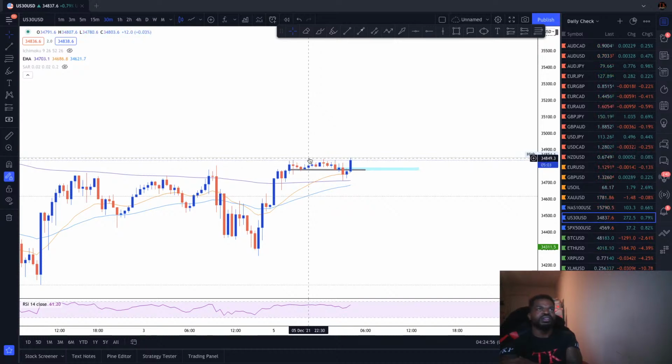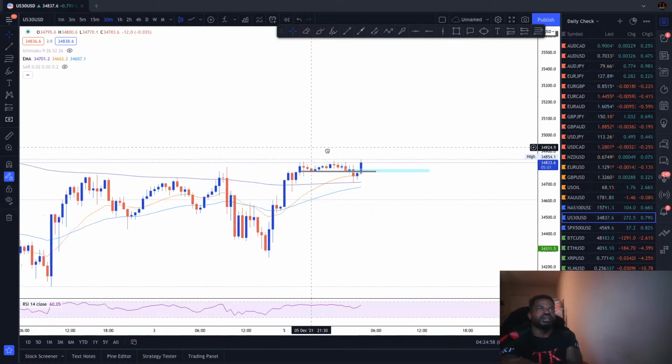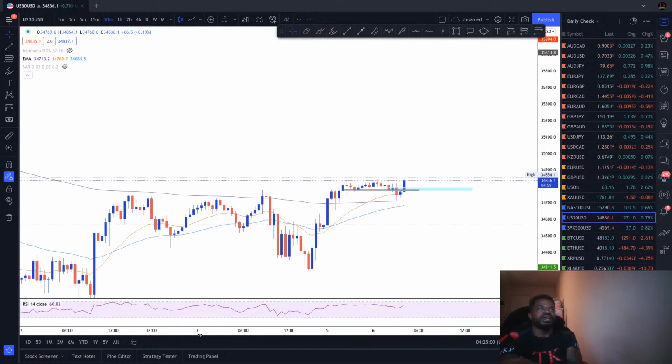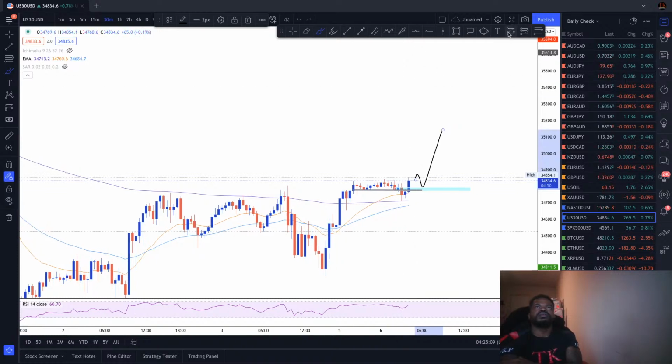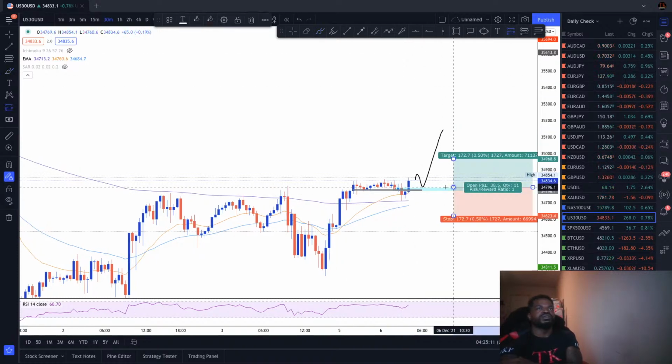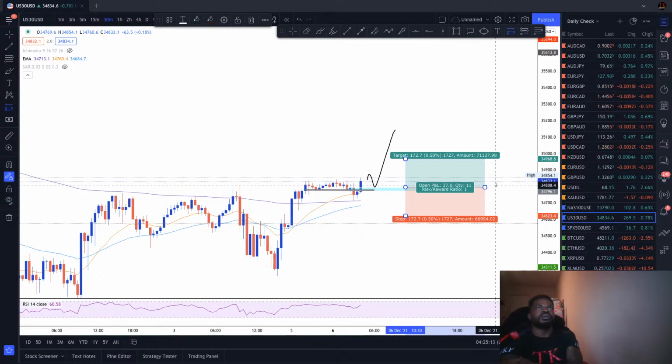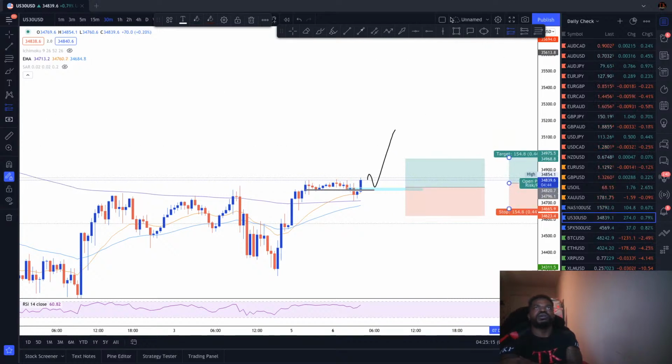No, it retested this high, but it looks like it is about to create a higher high. If that's the case, this could be our potential entry on a buy setup on the indices, on the Russell, the US 30.